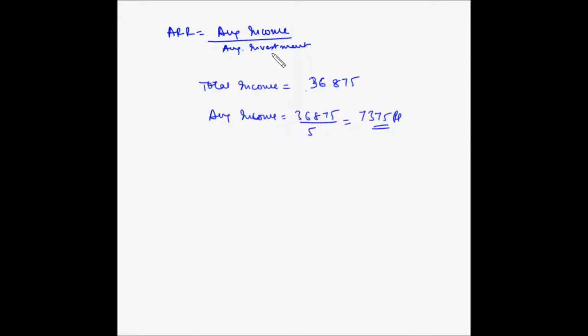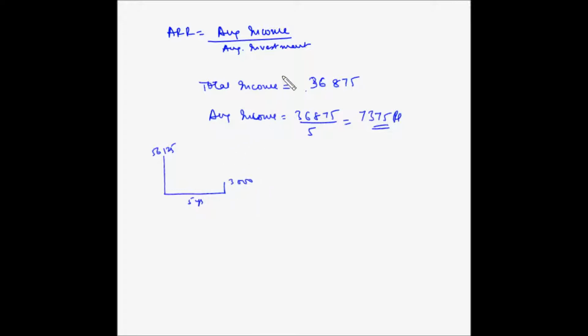Now we need to find the average investment. So we have been given that the cost at the beginning of the life of the machine is 56,125 rupees, and after 5 years the scrap value or the salvage value of the machine becomes 3,000 rupees.